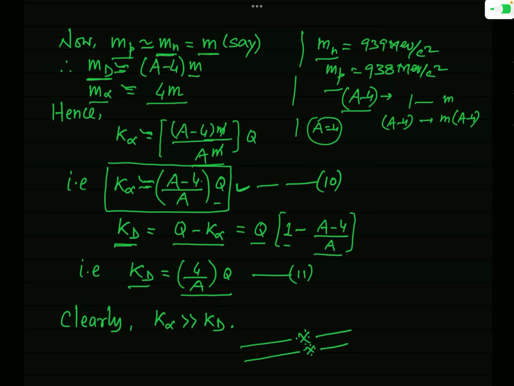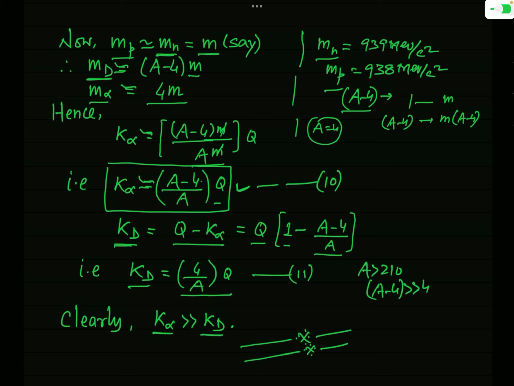Since A is definitely greater than 210, A minus 4 will be much greater than 4. And if A minus 4 is much greater than 4, you can say that the kinetic energy of the alpha particle is much greater than the kinetic energy of the daughter nucleus.